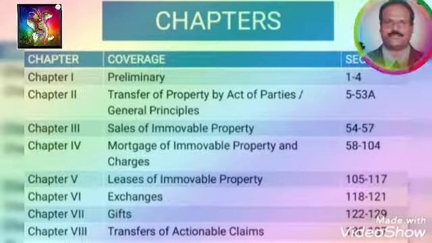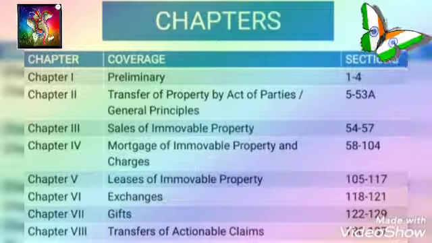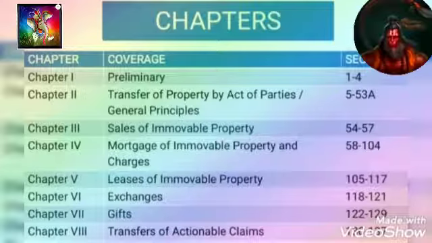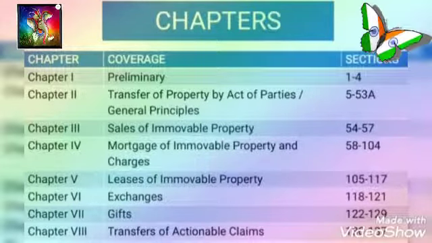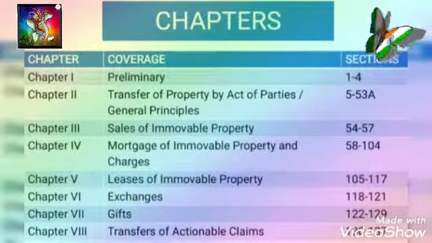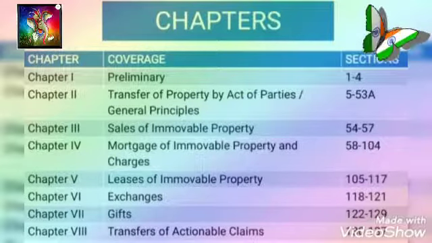Then chapter 7, gifts, 122 to 129, and the remaining chapters, transfer of actionable claims, 130 to 137.